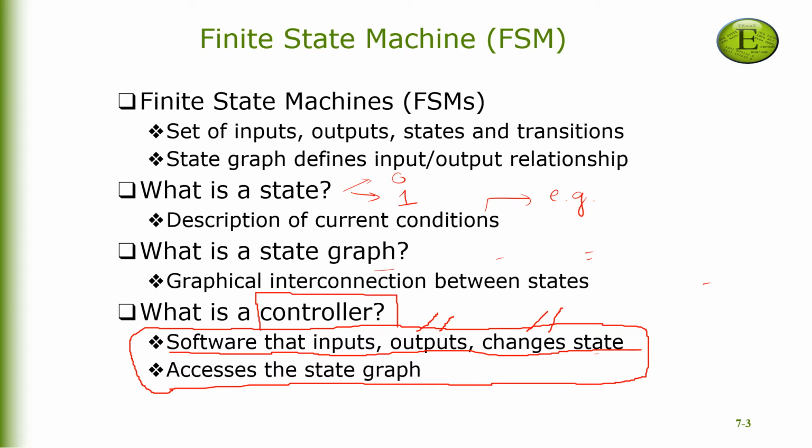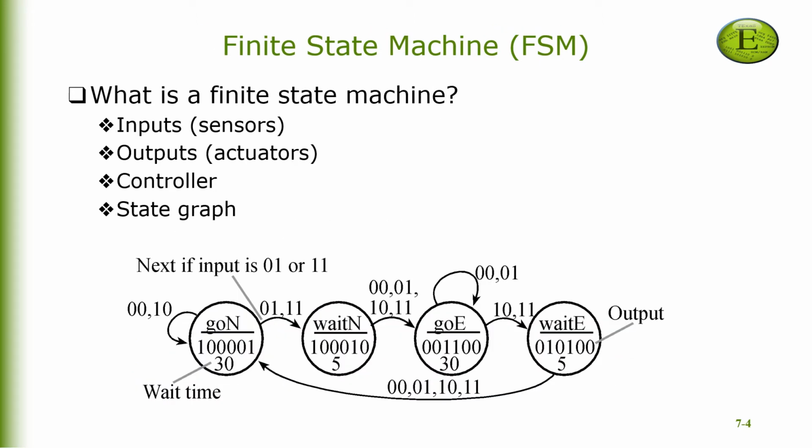So we are going to understand the concept of the finite state machine with the help of an example in this lecture. In mechatronic engineering, the finite state machine has a special structure.